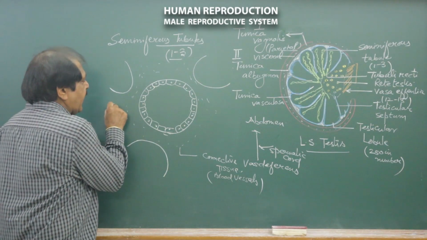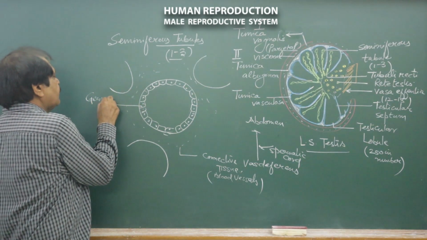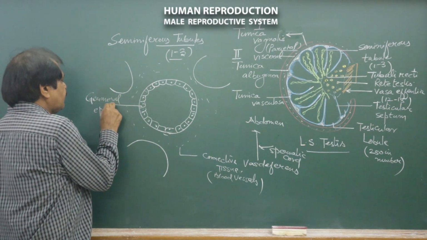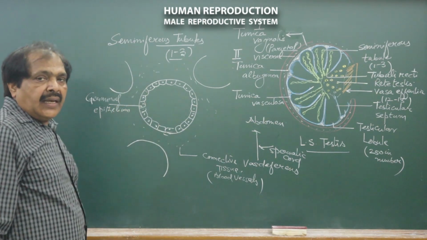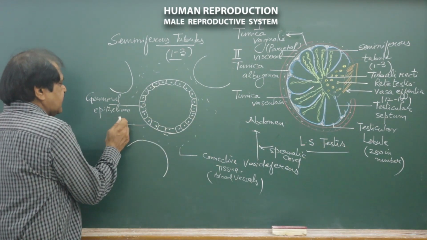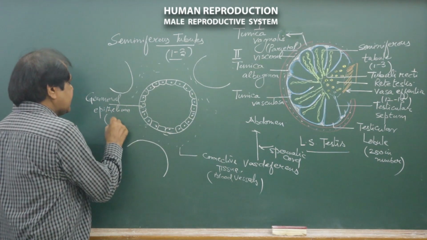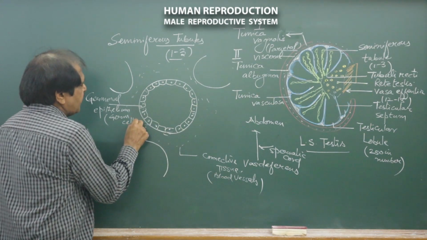This is the germinal epithelium, and it is made up of germ cells.